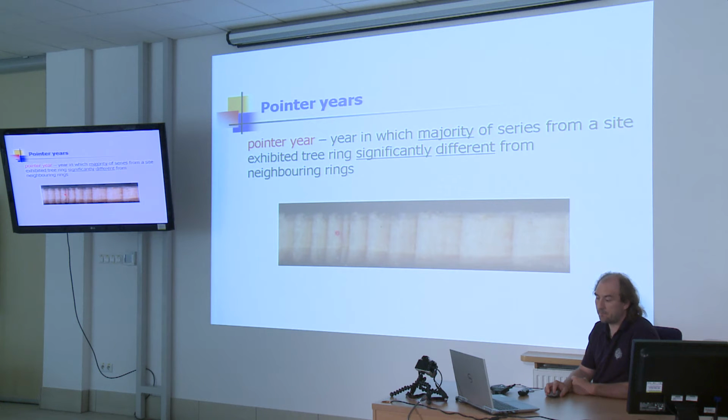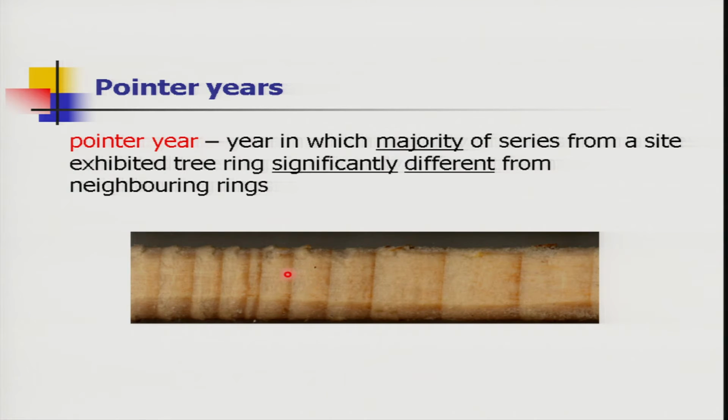And rings that were developed earlier, they are on the left, and which were developed later, they are on the right, are wider than this peculiar ring. And the year in which this tree ring was formed is called the pointer year.